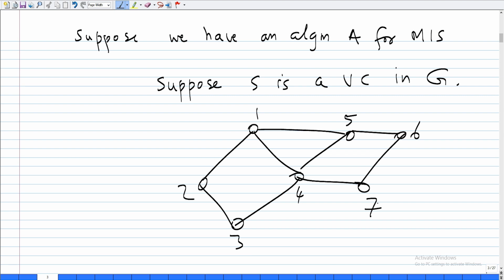Two, 4, 7. Is 2, 4, 7 a vertex cover? Yes, no? No. Okay, why not?